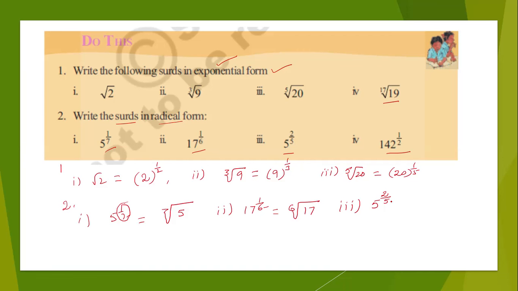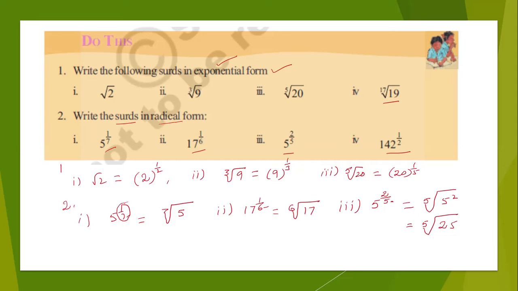Here in the exponent, what is the denominator? 5. Hence you may write this as the 5th root of 5 squared. Otherwise, 5th root of 5 squared means 5 into 5, that is 25.